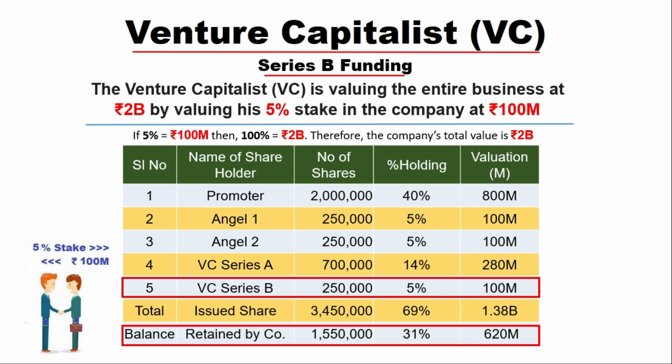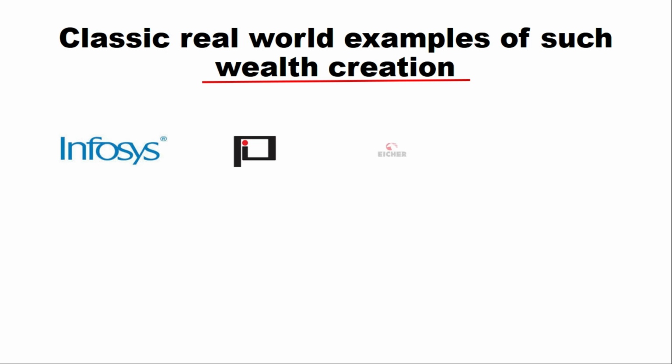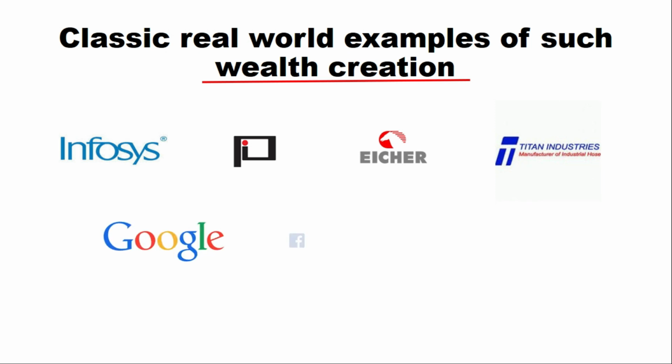This is exactly what happens to entrepreneurs with great business ideas and with a highly competent management team. Classic real-world examples of such wealth creation stories would be Infosys, Page Industries, Acer Motors, Titan Industries, and in the international space, one could think of Google, Facebook, Twitter, and WhatsApp, etc.